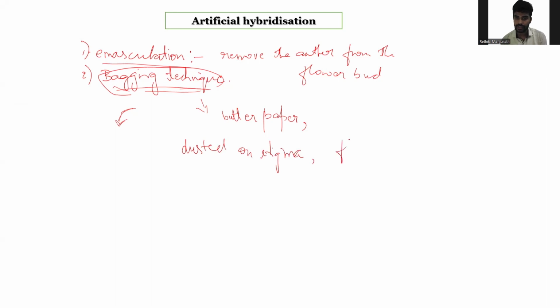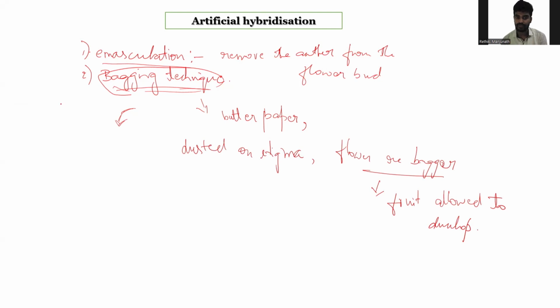And again, the flower is rebagged and left until the fruit is allowed to develop. So this is about artificial hybridization.